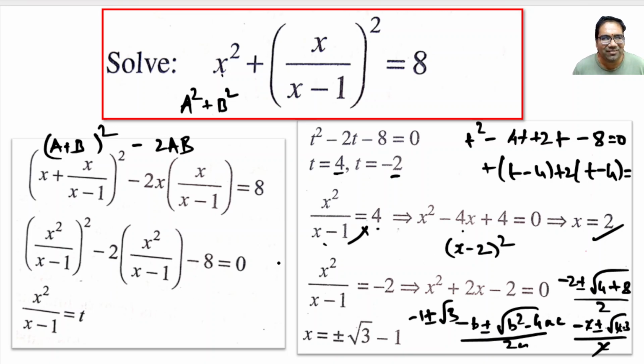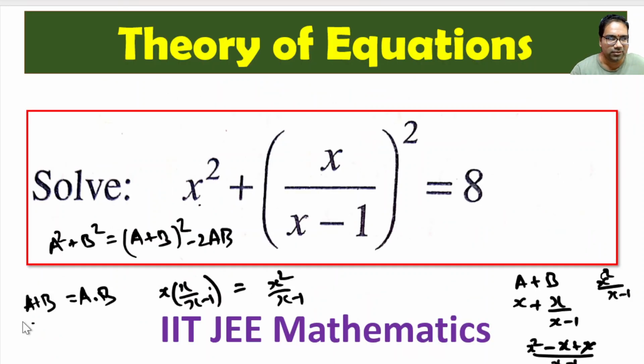So we have got x = 2 or x = -1 ± √3. These are the solutions. It's a simple problem, and we can verify whether these roots satisfy the equation or not.